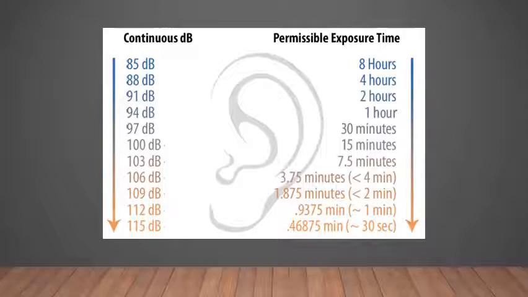As you can see, like the last slide, 85 decibels at an 8-hour exposure limit is too much. As you go on, you can see 94 decibels for an hour, all the way down to 103 decibels, which is too much for 7.5 minutes.